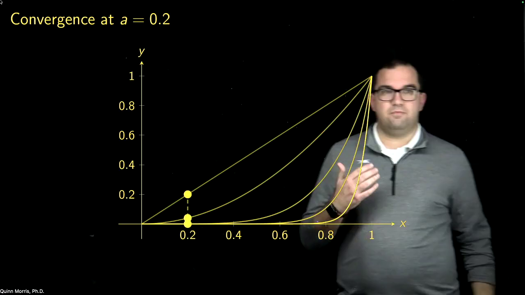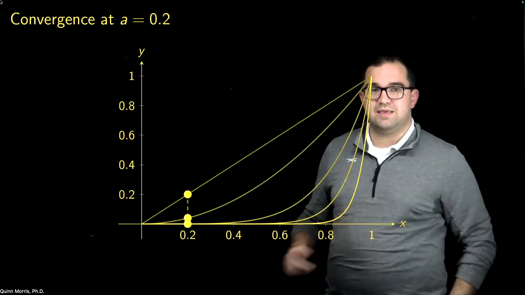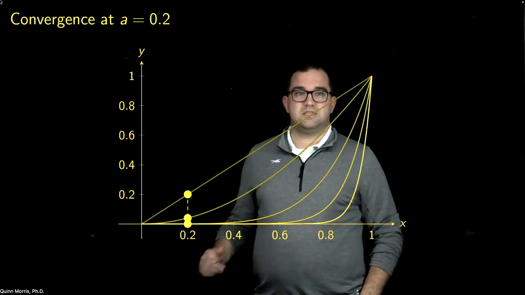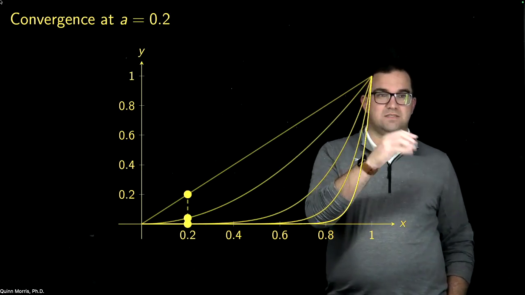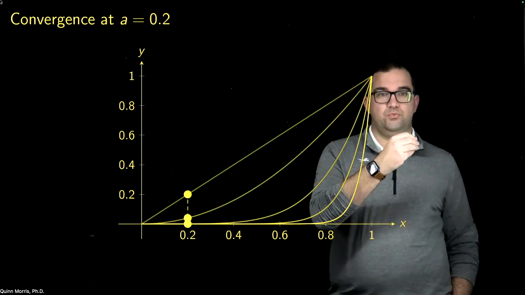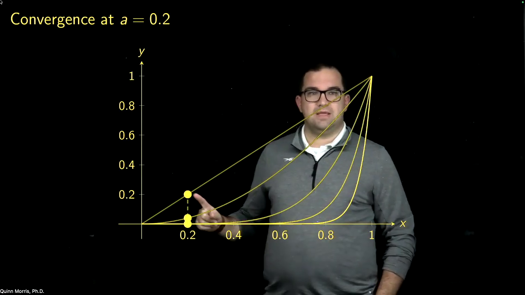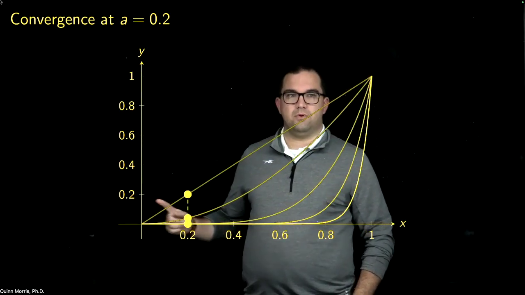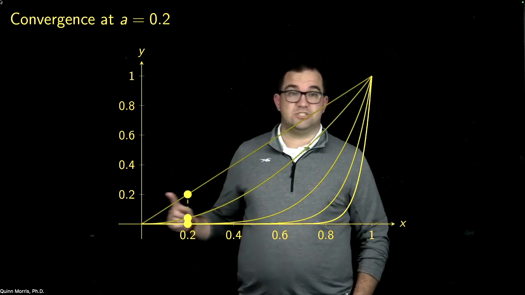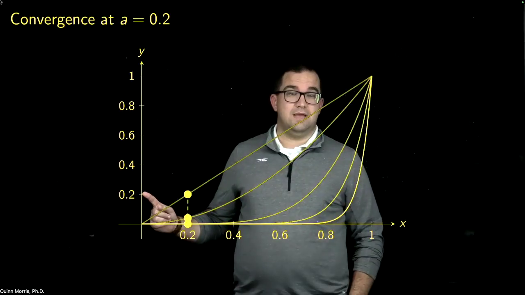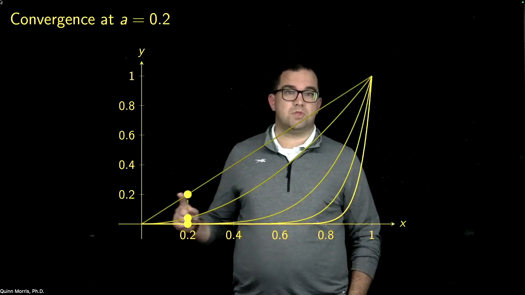Now, again, the notion of pointwise convergence, one way to think about it is just come here, say come to point 0.2, and fix the value of x, or a, equal to 0.2. Now what happens? When I plug that into the function, what I get out is a real number. So when I plug 0.2 into f1, I just get 0.2 back out because f sub 1 of x is just x.